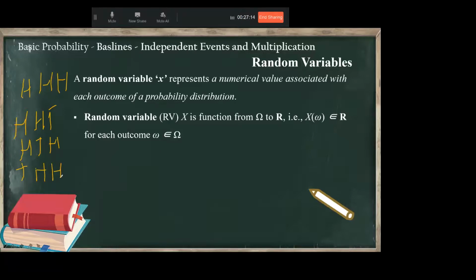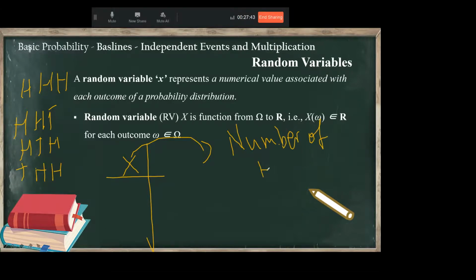So these are 8. Now among these possible outcomes, what is the probability of 2 heads? You can easily find out. The total is 8, so we can draw the distribution, where x is the number of heads. It's a random variable. It changes over time. We'll see what it is.